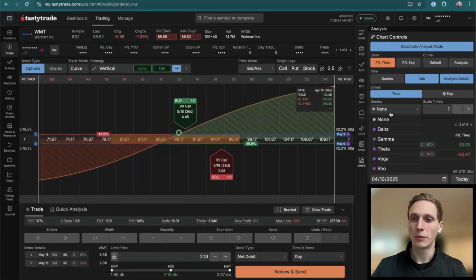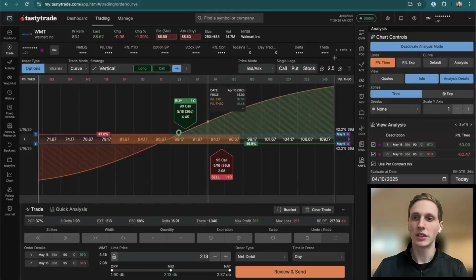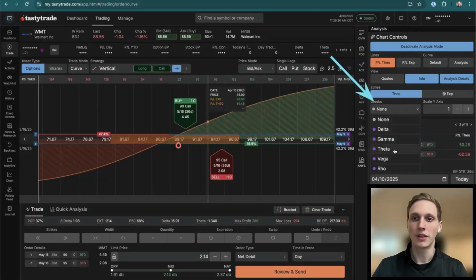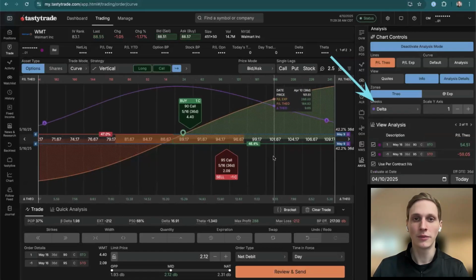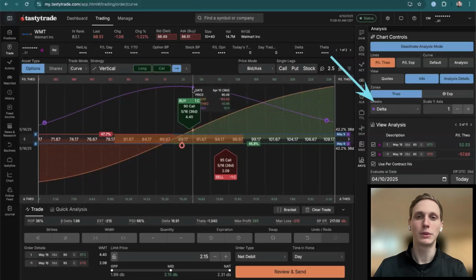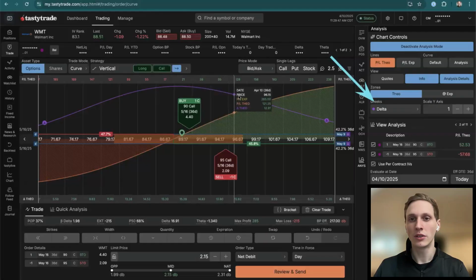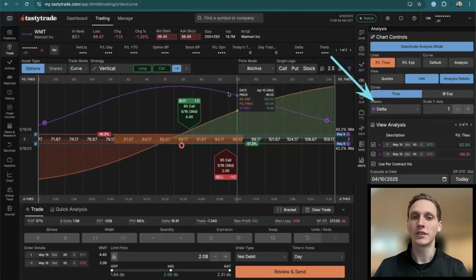And then one thing to note as well is if you want to see the Greeks too, you want to see how your delta, gamma, theta, vega, or rho are impacted based on the change in price in the underlying. In this case, maybe we can look at our delta line here. It's relatively simple, but we can see that as our price in Walmart increases, we're going to start to get some less long deltas on our call spread.